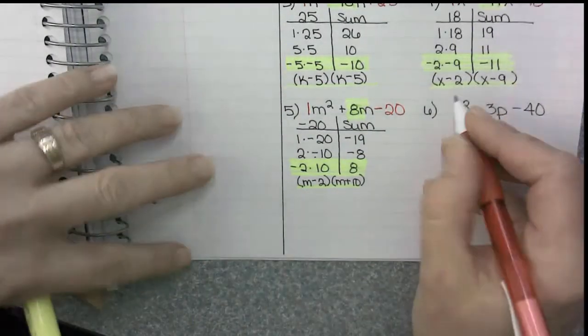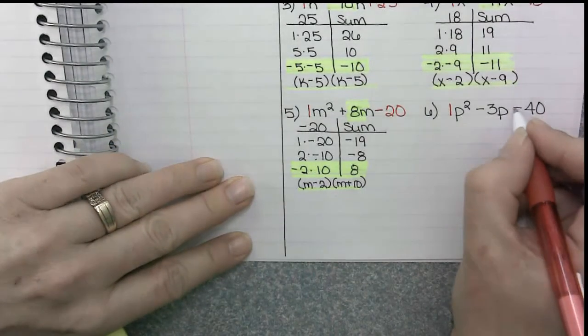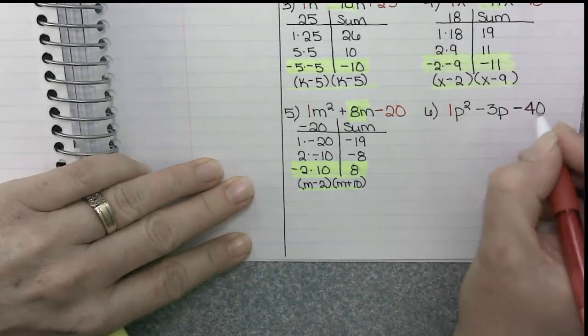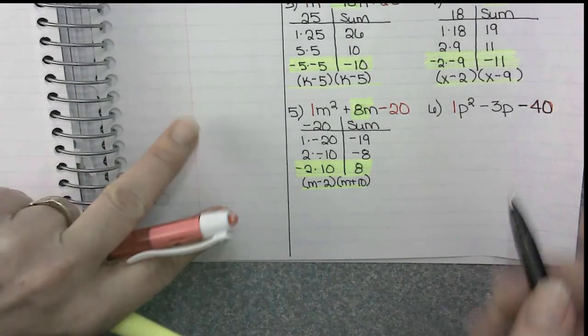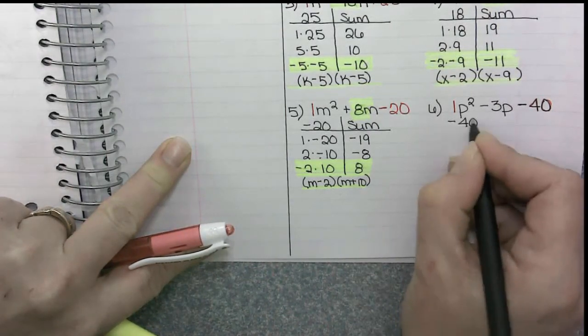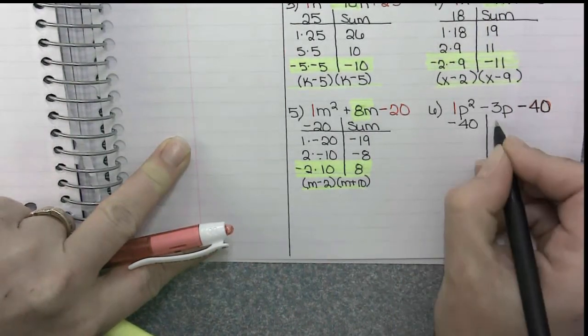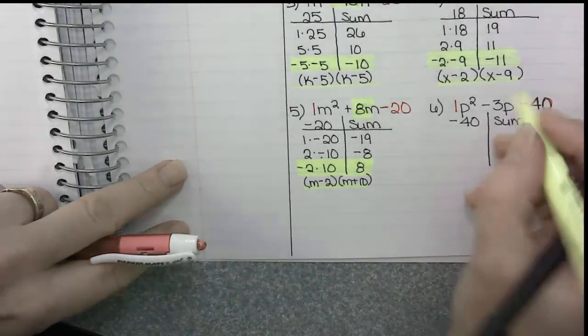So if I look at my number in front of p squared and my constant at the end, I'm going to need factors for 1 times negative 40, which is negative 40. And I need a sum of negative 3.